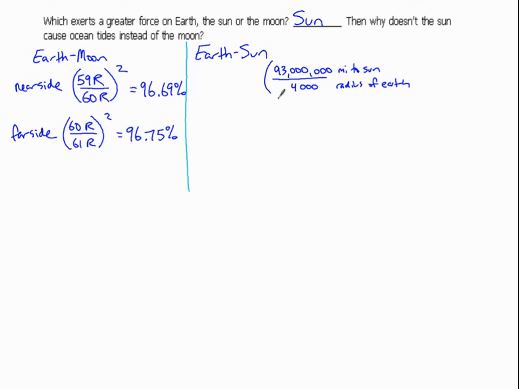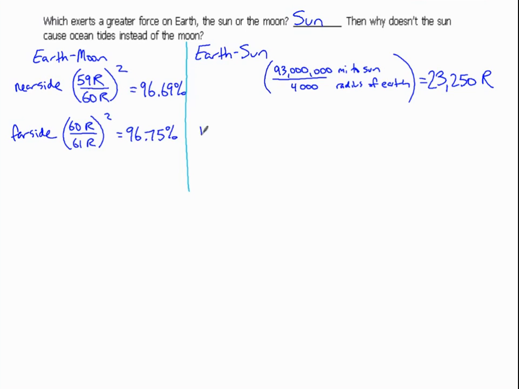And so if you divide this, it tells you in terms of how many Earth radii away is the Sun. 23,250 times the Earth radius is the Earth to Sun distance.